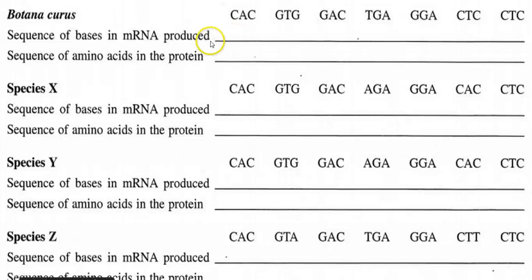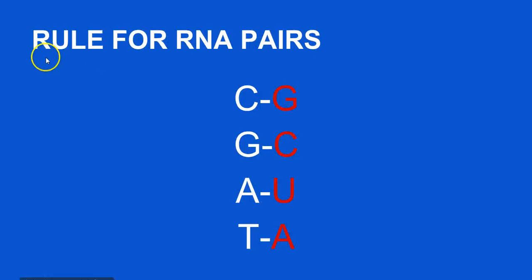Now there is a general rule whenever you're doing the sequence of an mRNA once you're given the DNA strand. And we're going to complete this chart using these rules. The rule is, for any RNA, every time you see a C in a DNA strand, you pair it up with G. Whenever you see G, you pair it up with C. Whenever there's an A in the DNA, you pair it up with U in RNA.